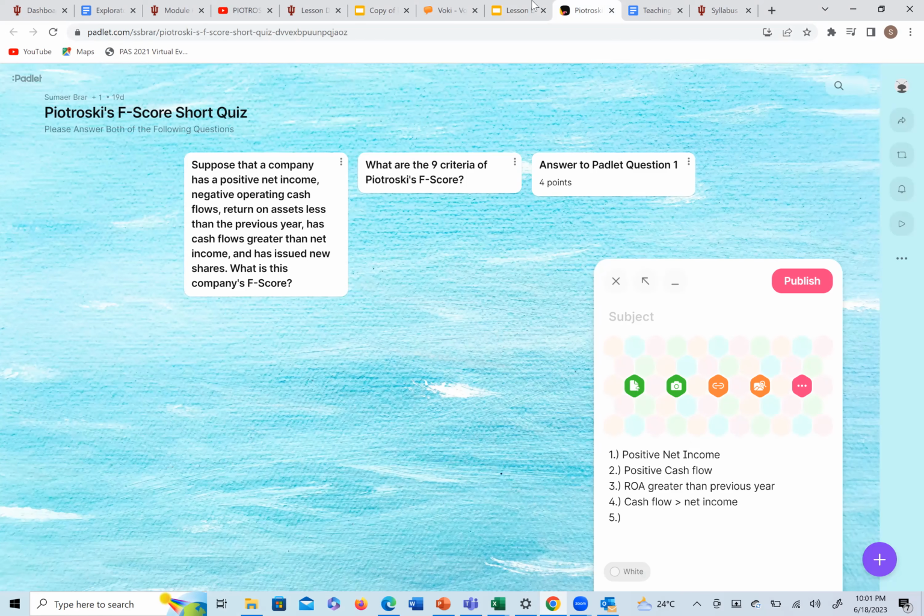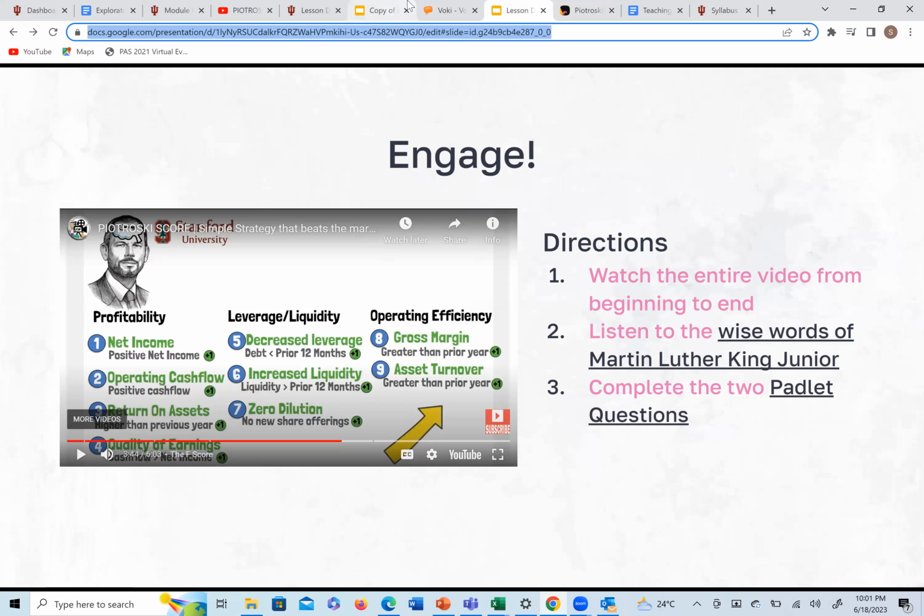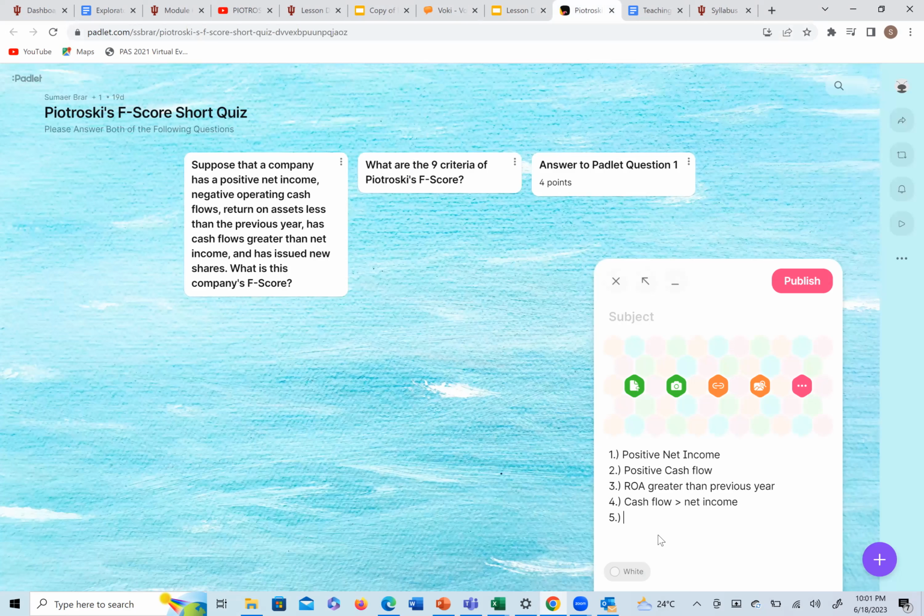And our fifth criteria, where we move on to leverage, is that we have debt less than the prior 12 months, meaning that we have less debt than we had in the past, essentially.